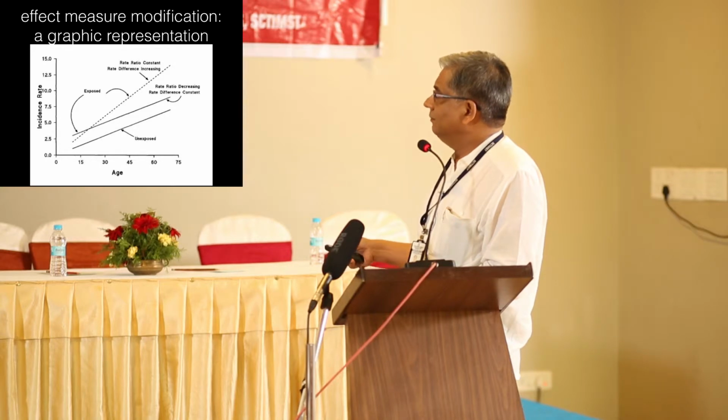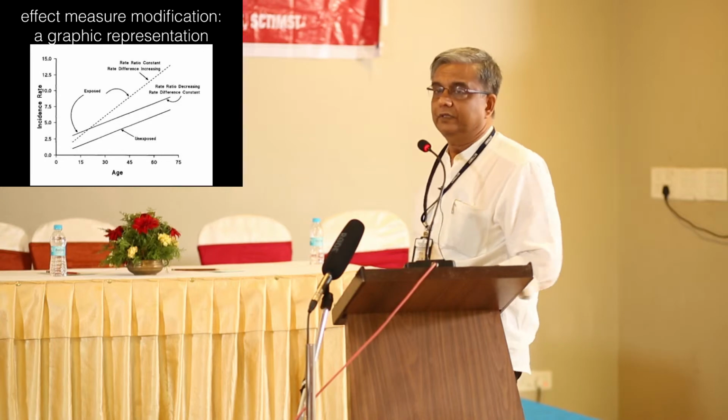The ratio is the same, the difference varies. So, then the question is which is correct. Where is the effect modification, in the dotted line or the solid line? That is the point that Rothman is making. So, you need a definition which is clearly different from this. You can't do with this kind of a definition.